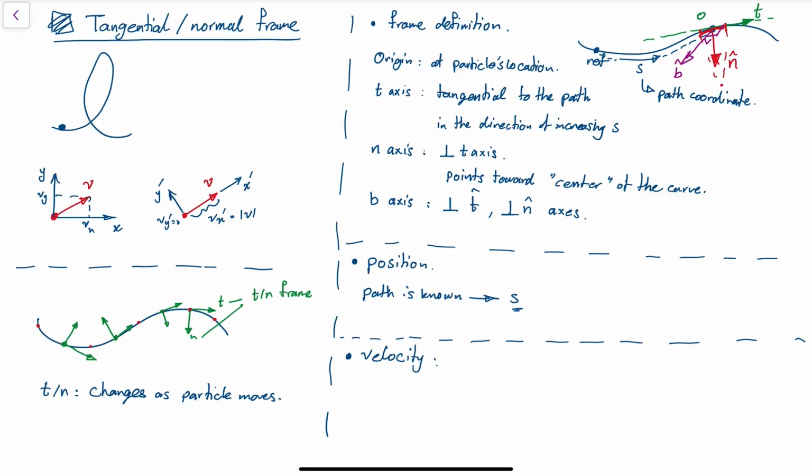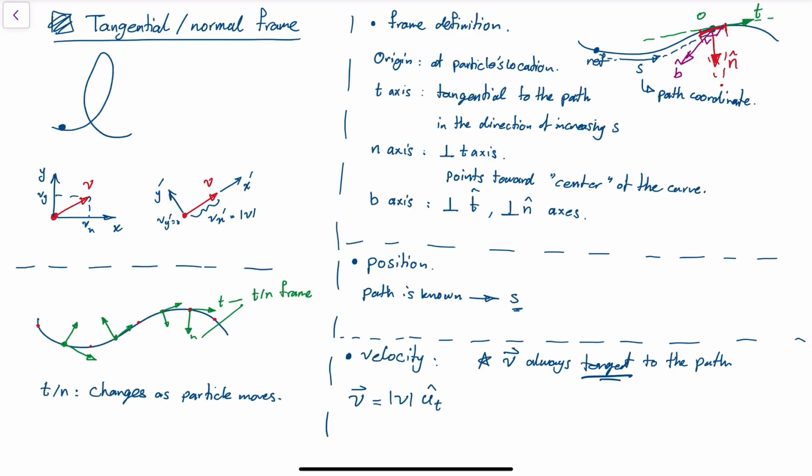Velocity, as you always should remember, is always tangent to the path. And that is the biggest purpose we define normal tangential, because velocity, by definition, is our speed in the tangential direction.